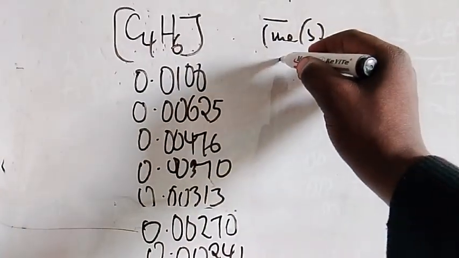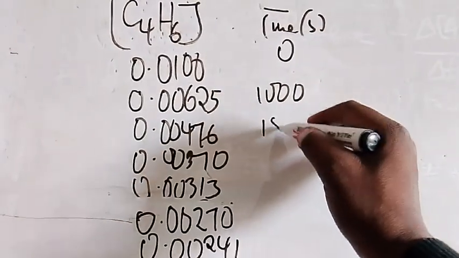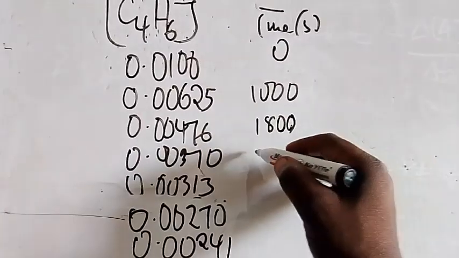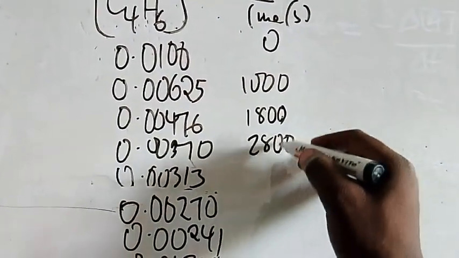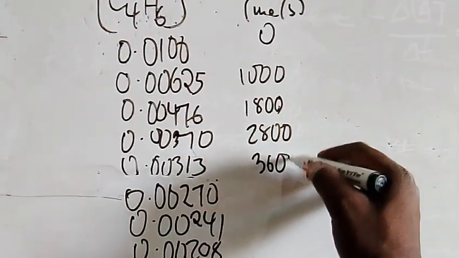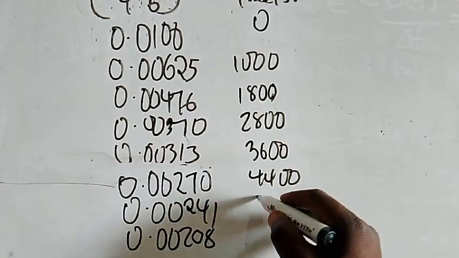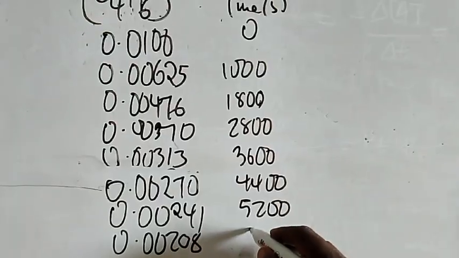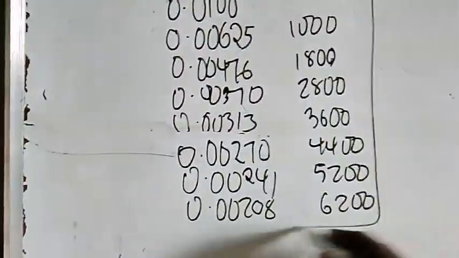The time: 0, 1000, 1800, 2800, 3600, 4400, 5200, then 6200. Okay, so this is the full table.